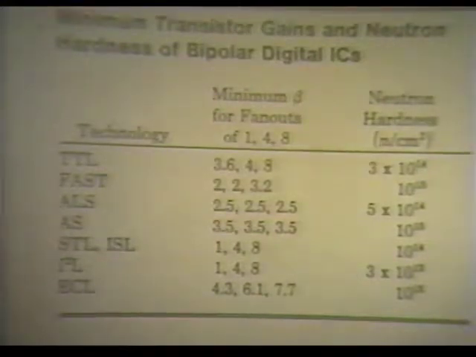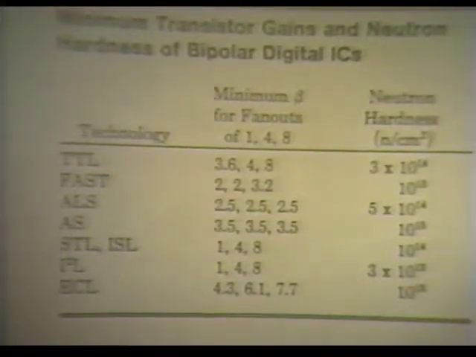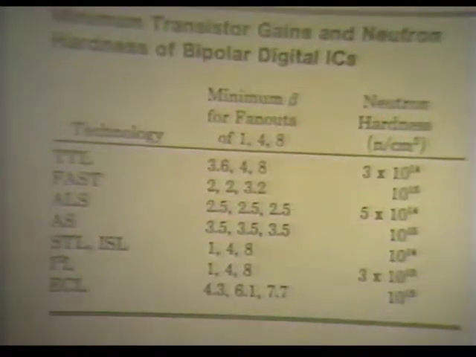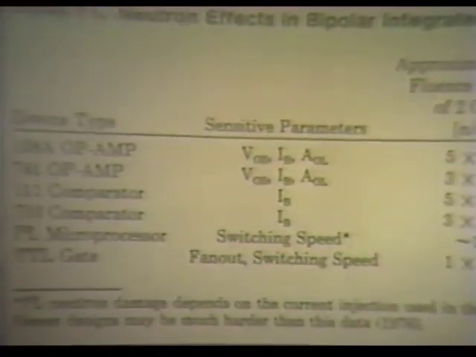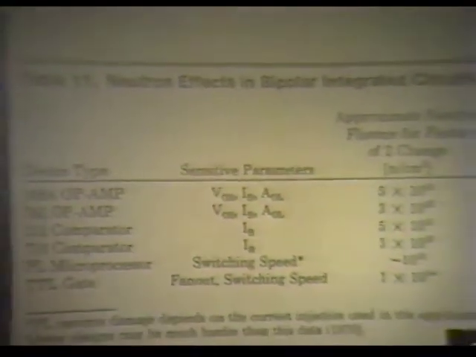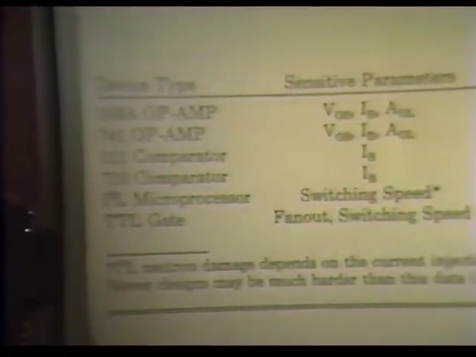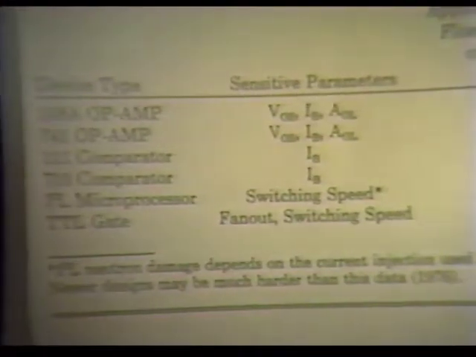You will notice that these are fairly hard. The I squared L isn't too hard because it has a lateral device in there, and we won't go into that, but some of them are a little more complex, and you notice that the tolerance on some of the old op amps falls pretty low there. We can't use those in the weapon system. Not quite hard enough.